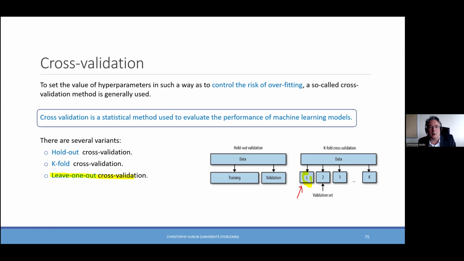What is the main problem with the leave-one-out cross-validation approach? Do you have an idea? I think it will be the same as the holdout cross-validation, that maybe this one has some particular observation features. Yes, no, it's not the problem, because you have a loop, so you consider all the points of the individuals in your data set as a validation sample.